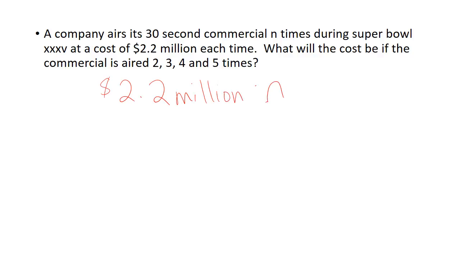So that's the times. So we could say that it's 2.2 times n. And then we'll just say that the answer is in millions of dollars. So if our n is equal to 2, we would have 2.2 times n is 4.4 million.